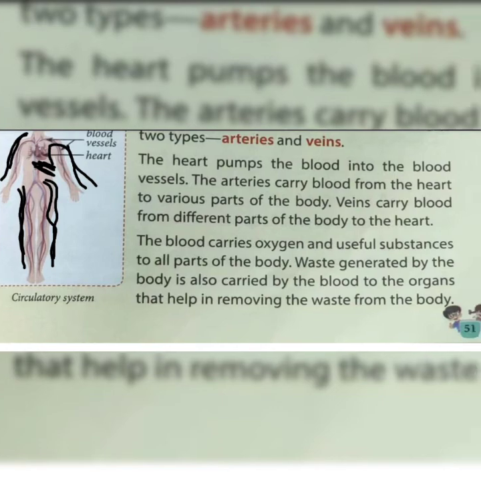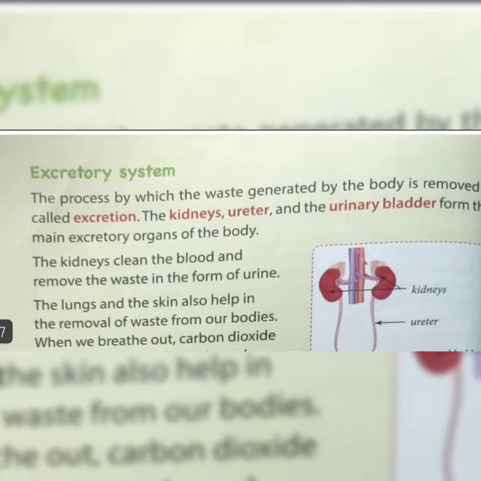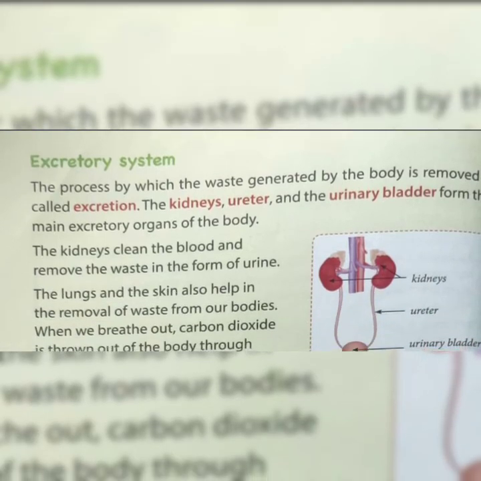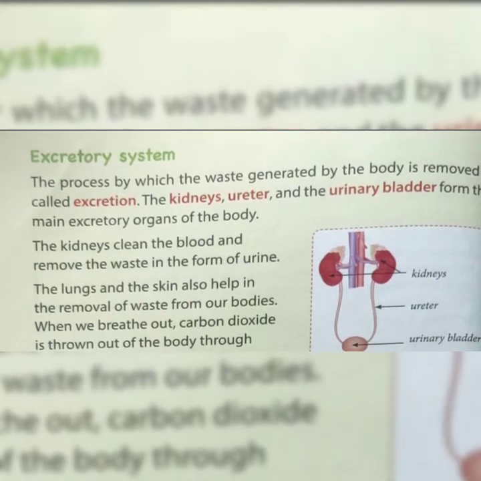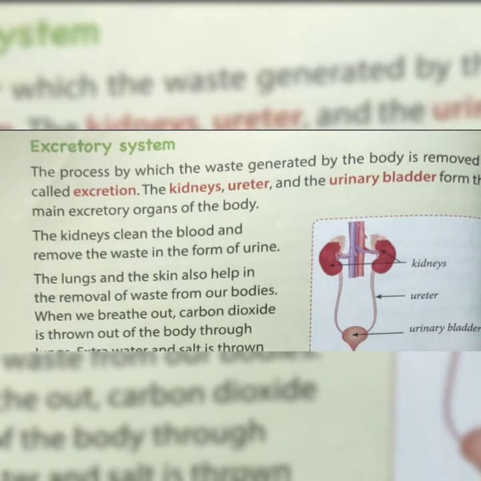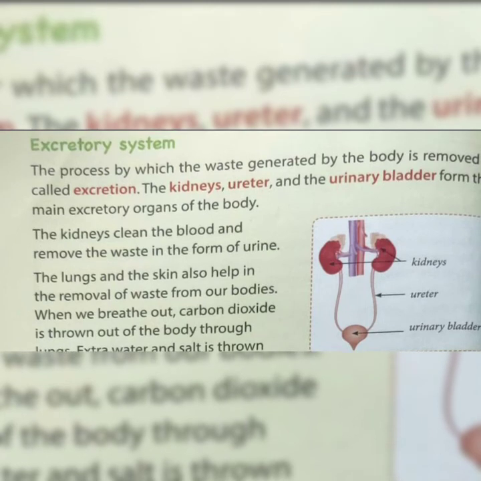Next, the excretory system. The process by which the waste generated by the body is removed is called excretion. The kidneys, ureter and the urinary bladder form the main excretory organs of the body.